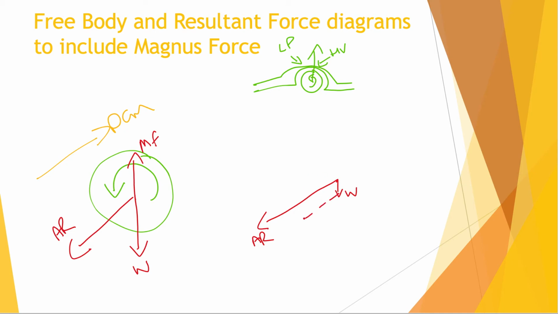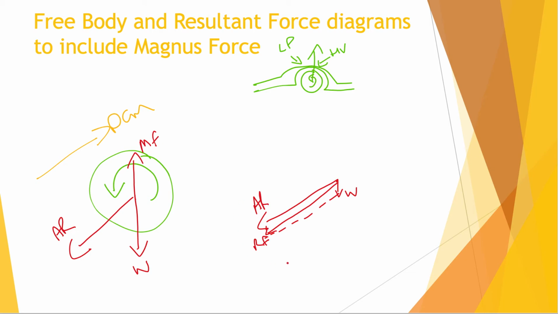We then would draw in our parallel lines and our resultant force, and make sure that the labels are obvious. So now I've got resultant force in this direction.